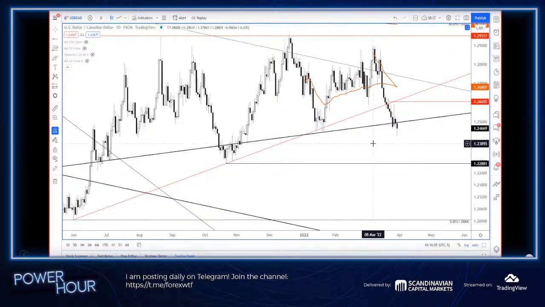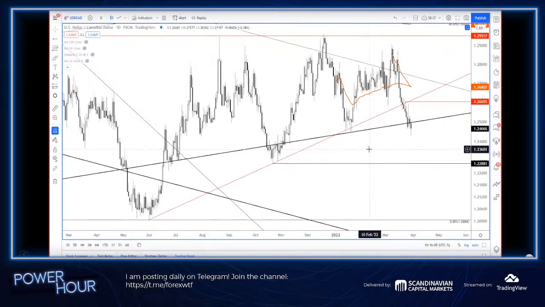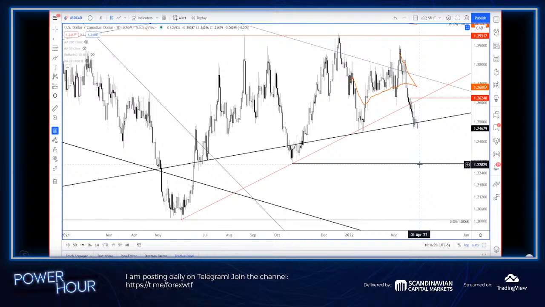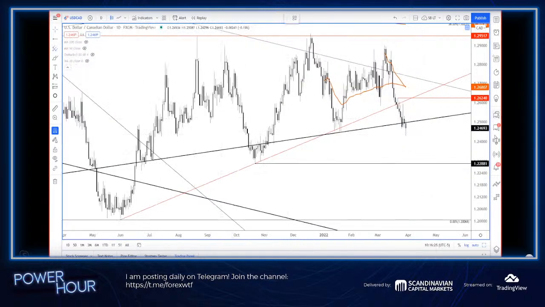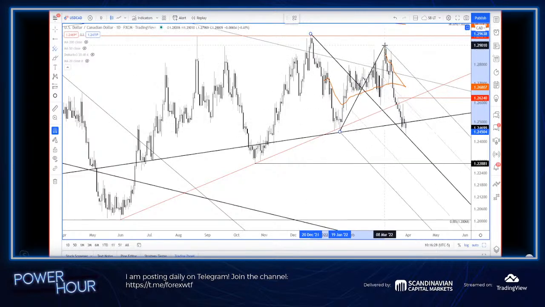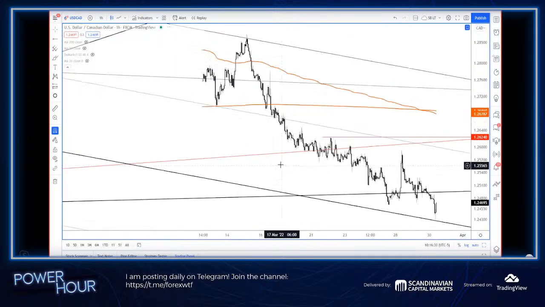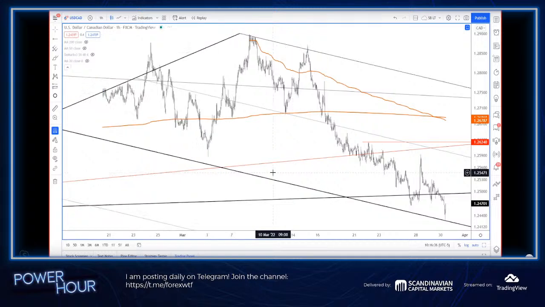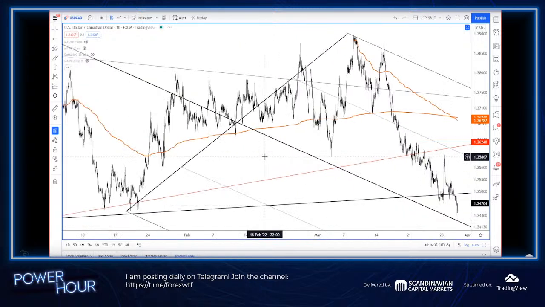Okay, so dollar CAD, and the setup here does remain the same, and it would be a pretty big bounce to get back up to that 26 level. So there might be a short-term trade right now, and that's what I was mentioning a couple minutes ago. I had drawn this in this morning, and look at that, it's just a beauty.